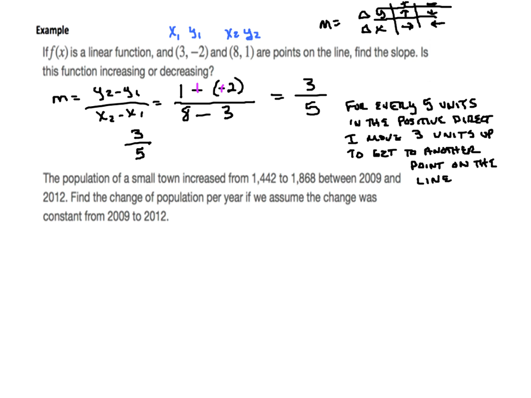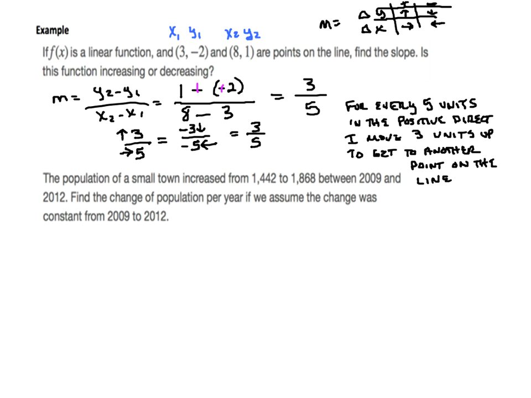So what I was talking about is that a slope of moving up 3 units and right 5 units is the same exact thing as moving down 3 units and left 5 units, because when you divide a negative by a negative, you get a positive value.